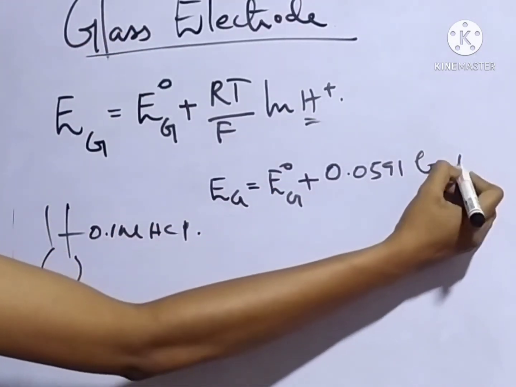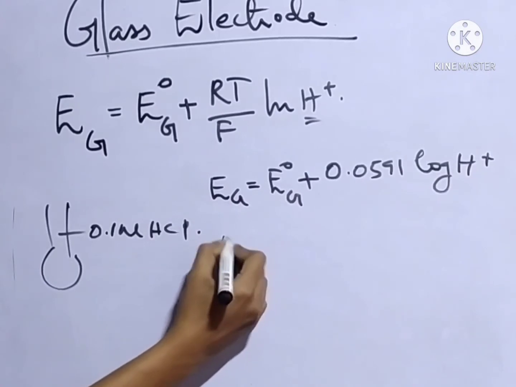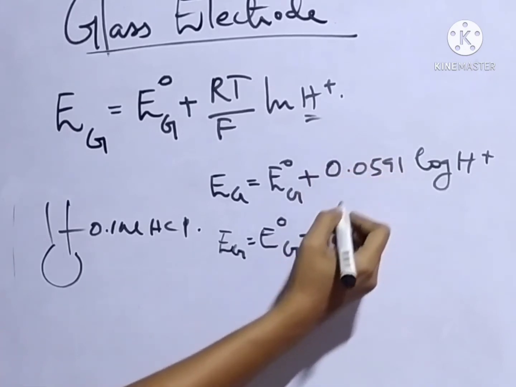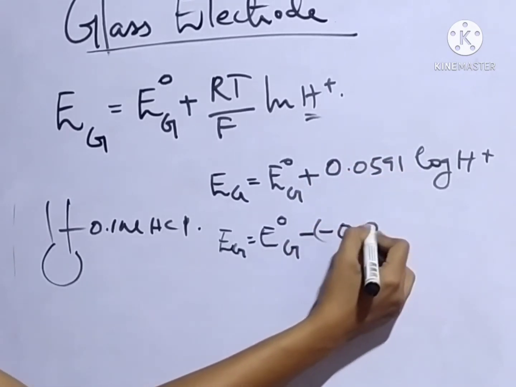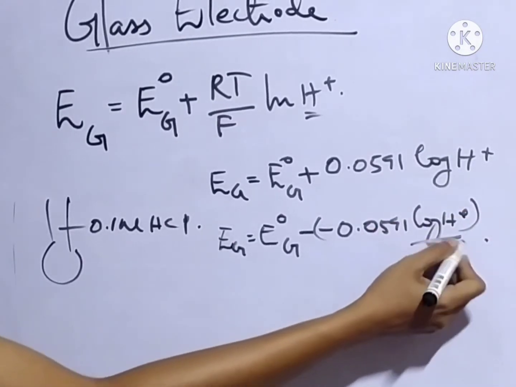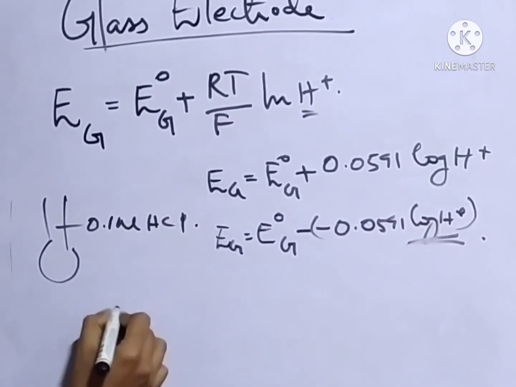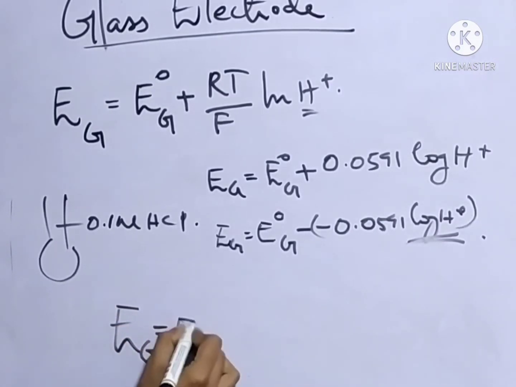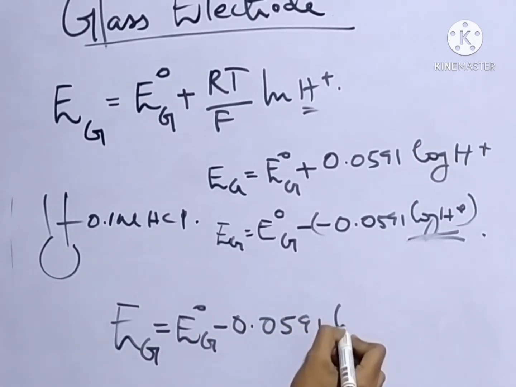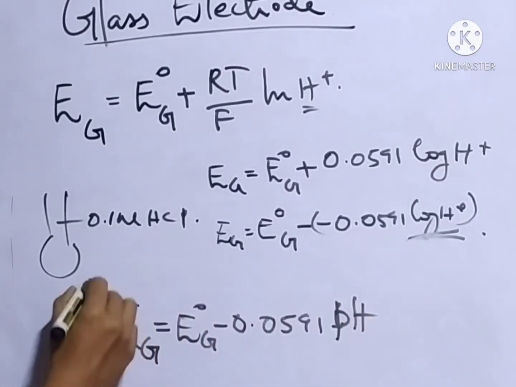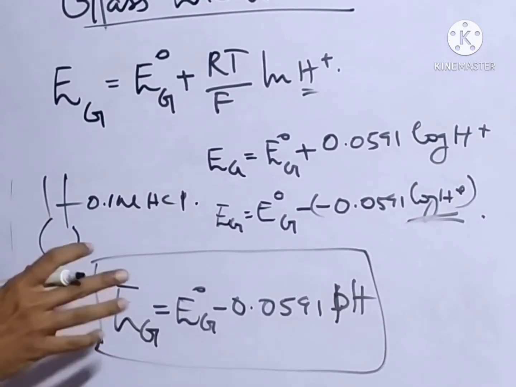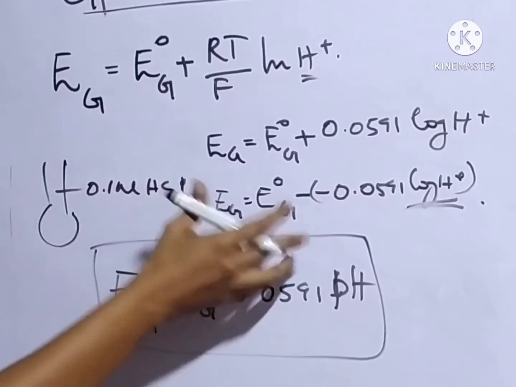So log H plus, and this is equal to Eg equal to E0G minus 0.0591 log H plus. The negative log H plus is the pH. So Eg equal to E0G minus 0.0591 pH. Okay. This is the EMF of the glass electrode which is dipped into the solution having unknown pH.